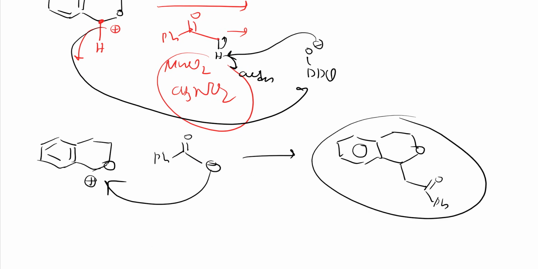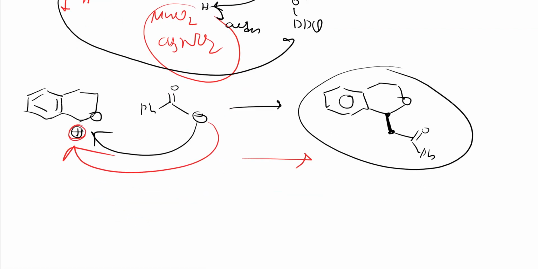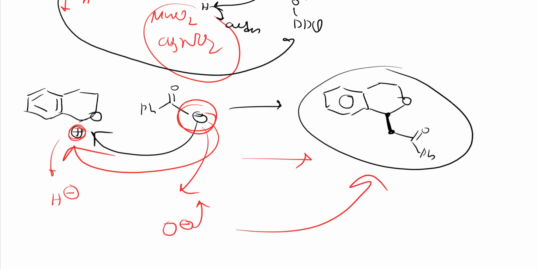Here positive charge, here negative charge, both will combine and make a bond, right? Simply, the positive charge and negative charge combine, and I'll get this product, right? How was this positive charge generated? Because DDQ took the hydride and a positive charge is generated. And how is this negative charge generated? Because the DDQ oxygen has a negative charge, it will take the acidic proton and this negative charge is generated. Both will combine and form this product, right?